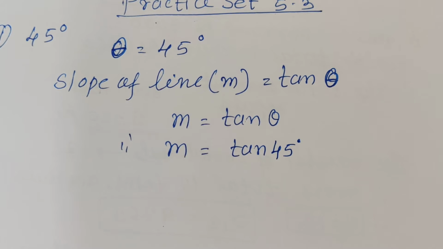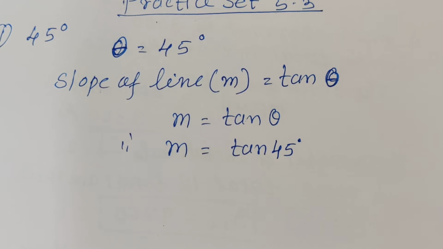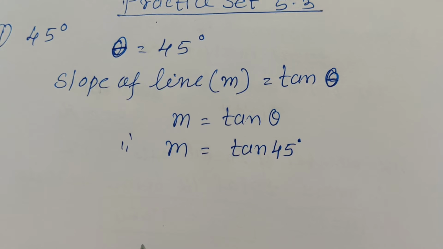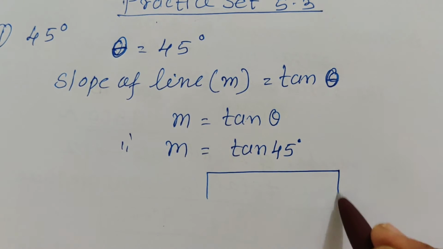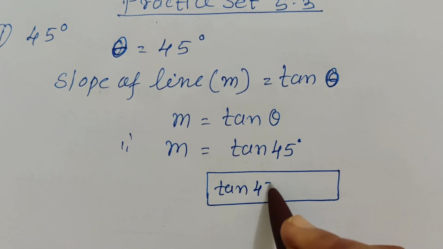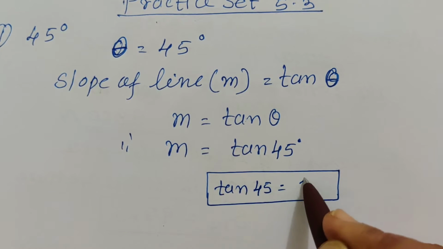In trigonometry you learn the values of all the trigonometric ratios. So tan 45 is equal to 1. And so here we can put the value in the box. We have to highlight that. What is the value of tan 45? Tan 45 is equal to 1.